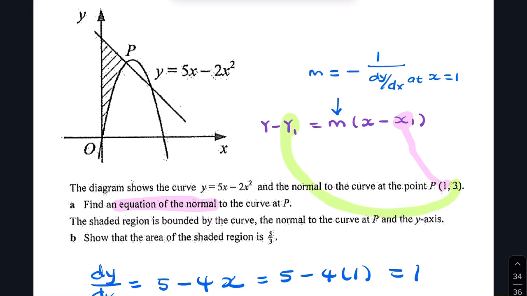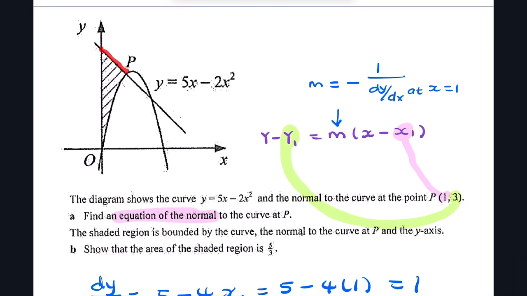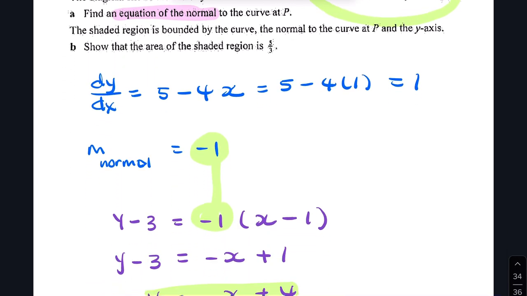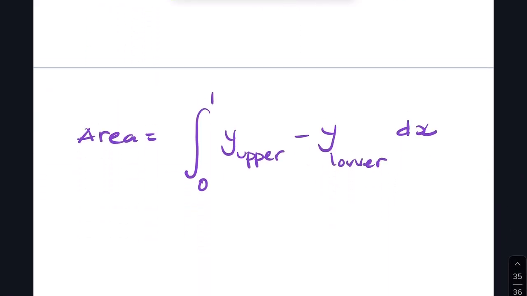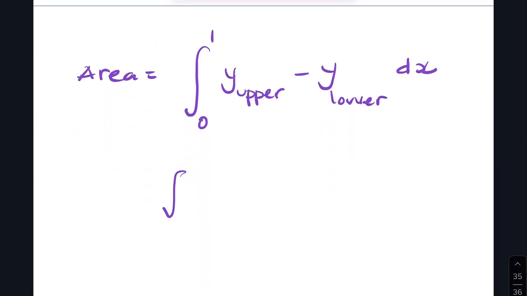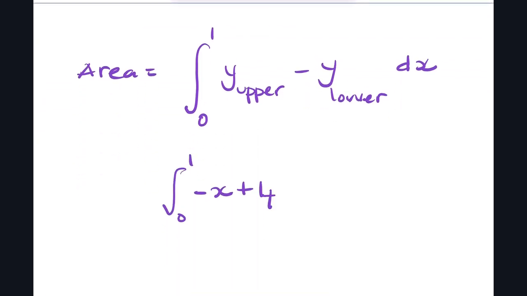The upper y will be this, which is the line, which we've shown is minus x plus 4. So it's the integral from 0 to 1 of minus x plus 4. Then we subtract the lower y.